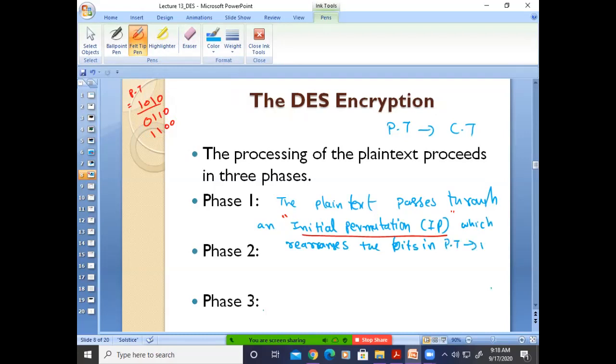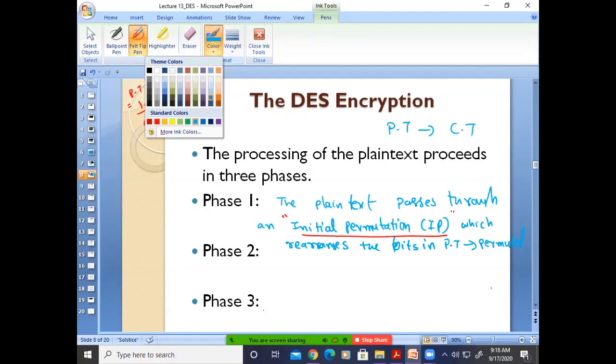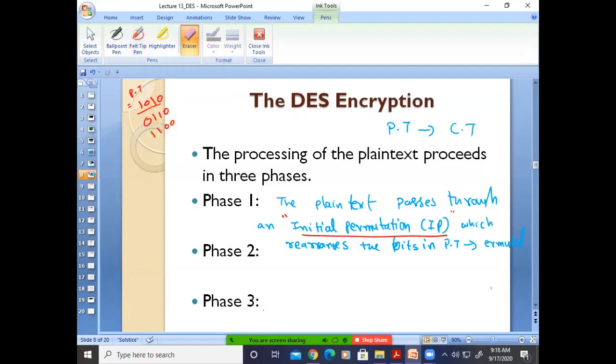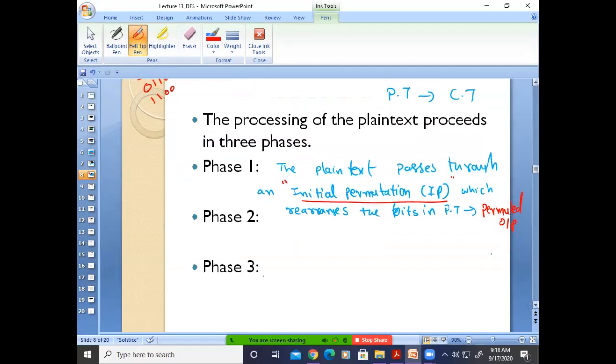This output we will call the permuted output. So the initial phase is very simple. It takes 64 bits and passes them through a block called initial permutation. Permutation is nothing but rearranging the bits. That's it. Clear, all of you?